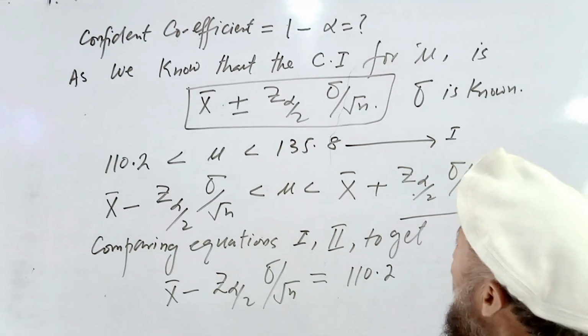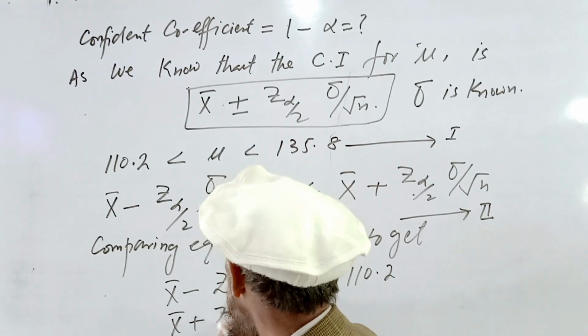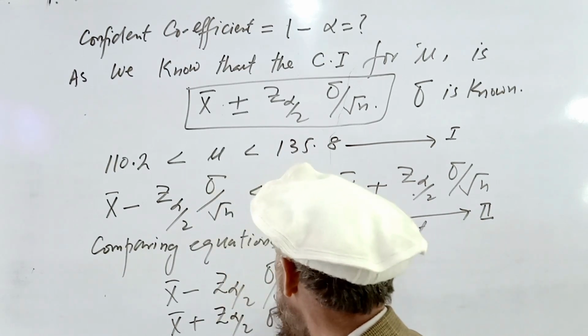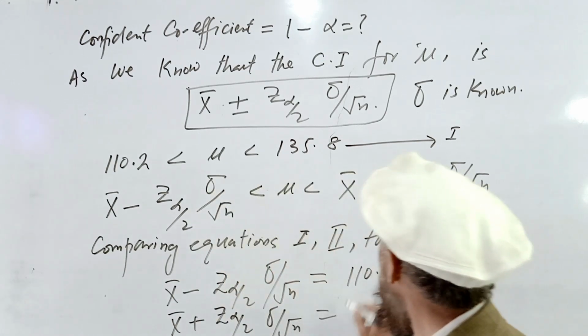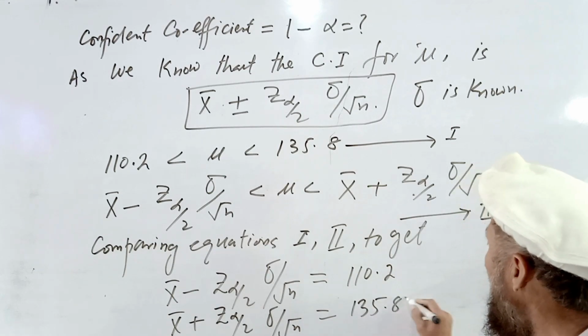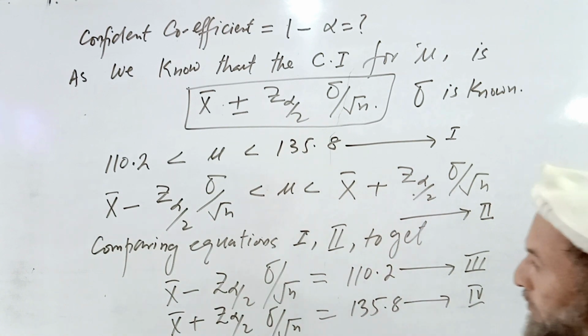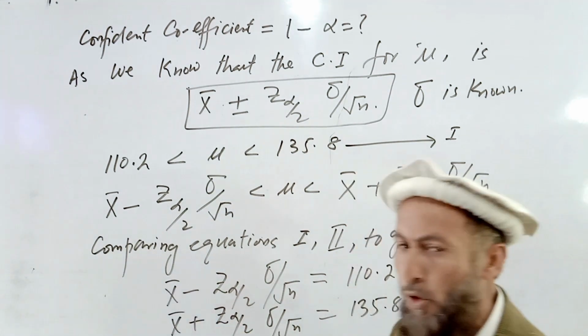Similarly, x bar plus z alpha by 2 sigma root n, the upper limit, is 135.8. These are equations number third and fourth. Now, x bar is positive in both.